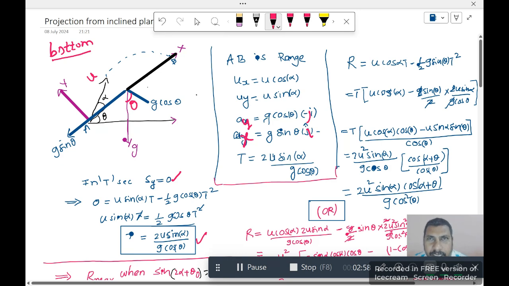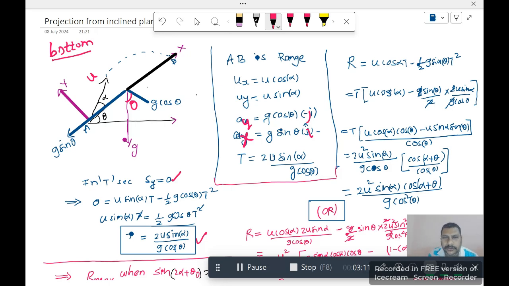Here theta is the angle of inclination. Remember, alpha is the angle of projection, measured from the inclination to the projection velocity. Because all the problems, however they are given in the question, I am going with alpha and theta only. Remember this. I have taken some examples also, I will give them in the coming class.